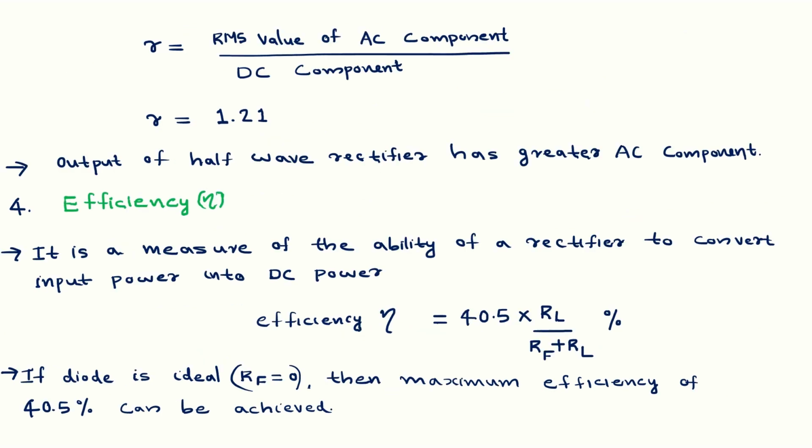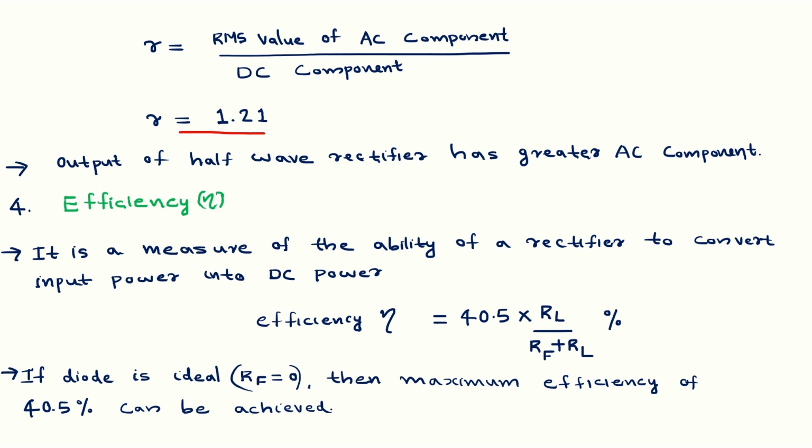Ripple factor is indicated by gamma, which is the ratio of the RMS value of the AC component divided by the DC component. It has the value of 1.21. Remember this value. The ripple factor of a half-wave rectifier is 1.21.